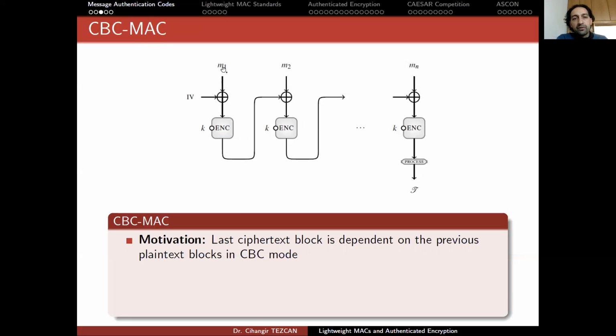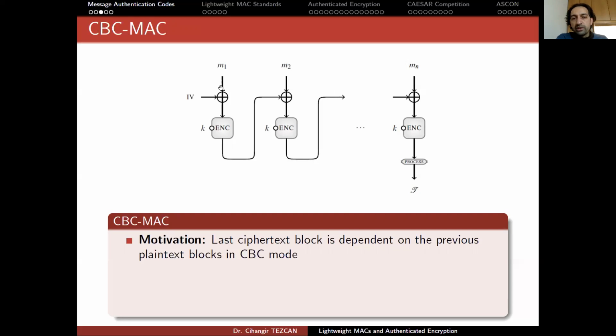So you again take the first message block, you take the IV, XOR it, and perform an encryption with the secret key, and you're now choosing a block cipher for this operation. So assume that you have chosen AES. So you perform AES encryption, but instead of producing a cipher text block, you take this and XOR with it and so on.